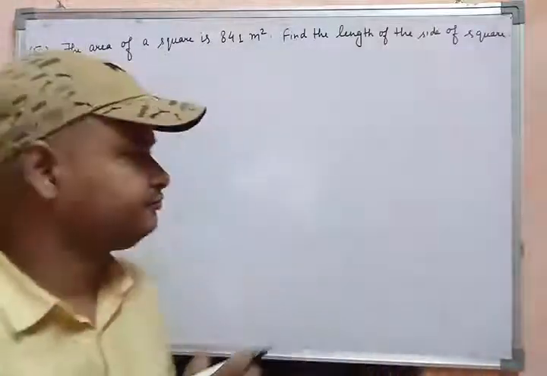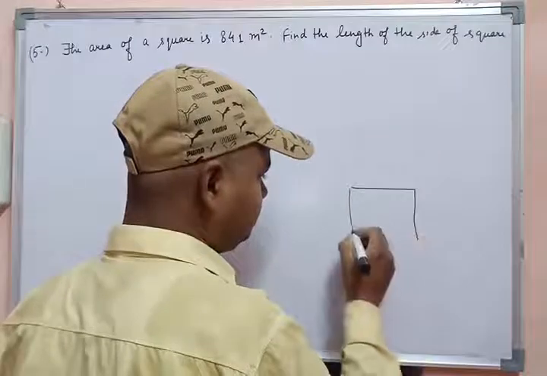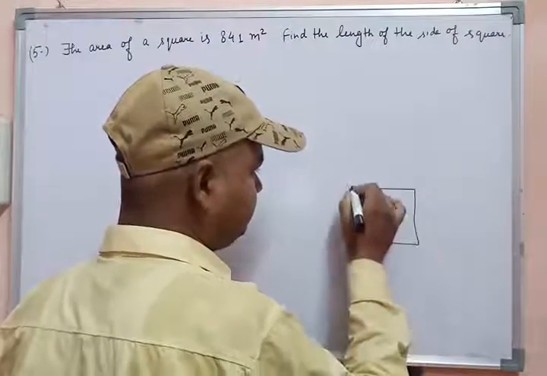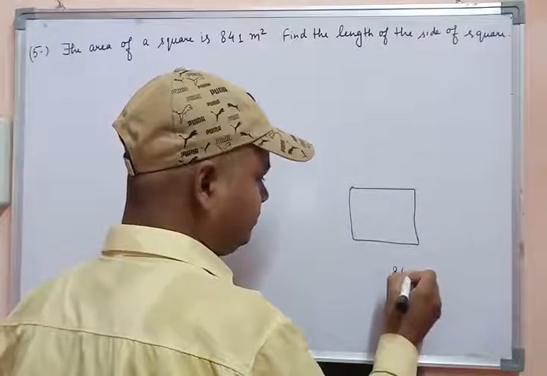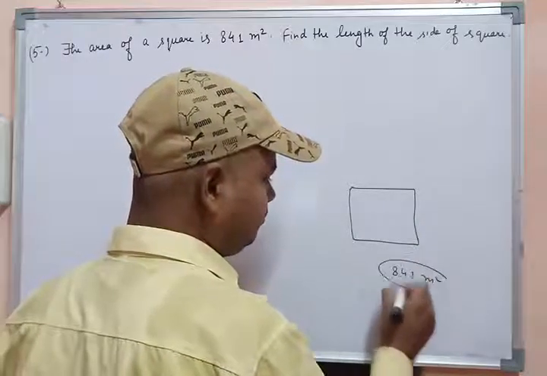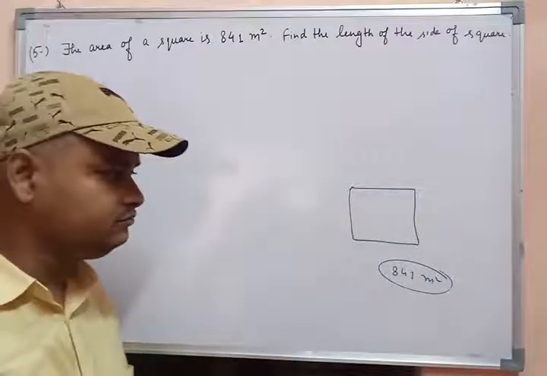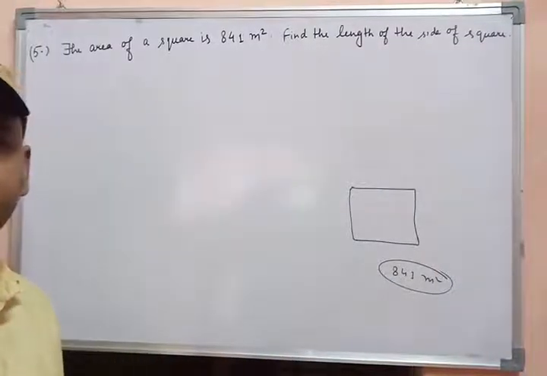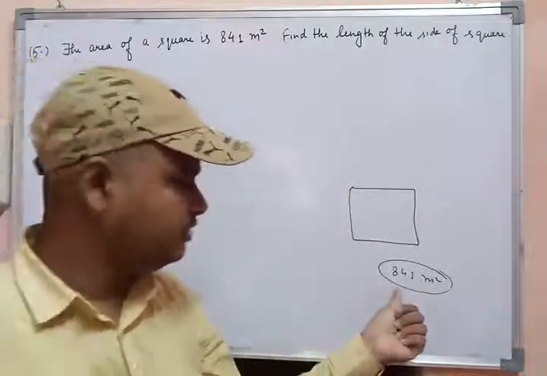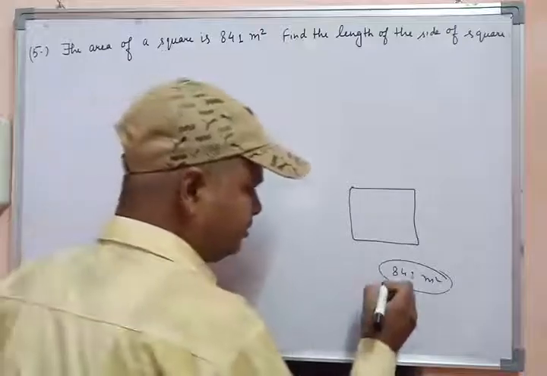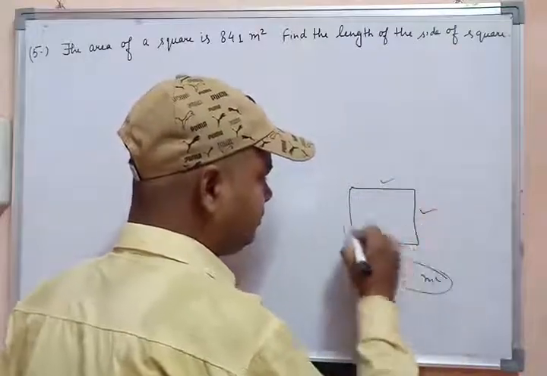Students, a square has an area of 841 meter square, and you have to find what is the side of the square.